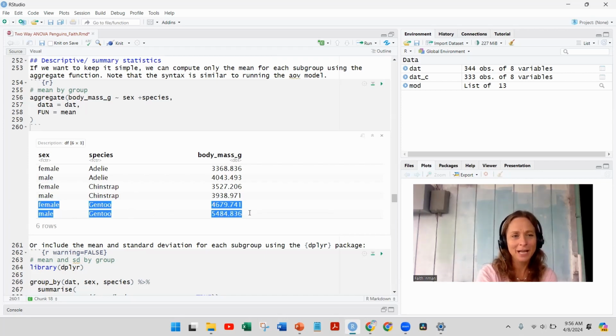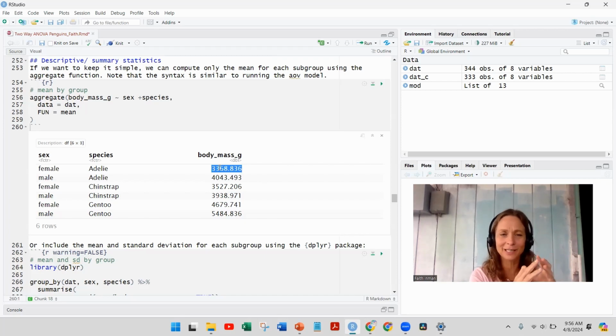The Gentoo males are 5,484 grams, whereas the chinstrap males are only, they're like less than 4,000. They're 3,938. And then the male Adelie is about 4,000. So even just looking at it, you can start to see, okay, well, the smallest penguins, the littlest little penguin is the female Adelie.